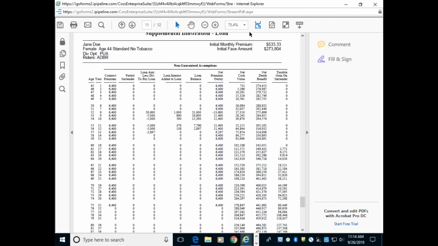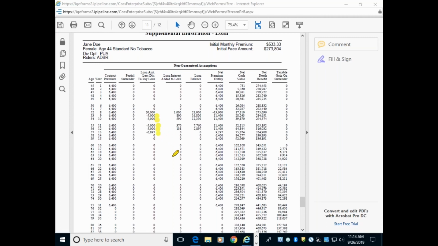So here we have our $5,000 being paid back onto the loan annually. In the last year, we didn't quite owe the full $5,000, so the software is not taking any more than what is owed.